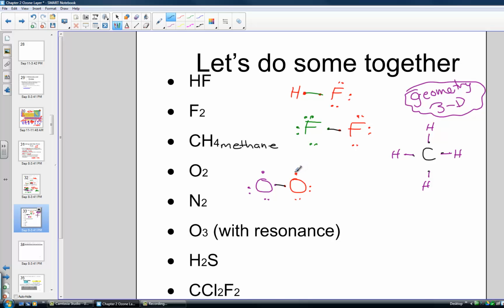But they all want 8 to be like the noble gas. So you're probably already ahead of me. You're predicting these 2 electrons will come together between the 2 symbols and form what's called a double covalent bond.